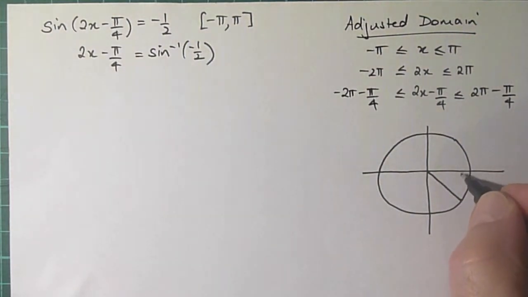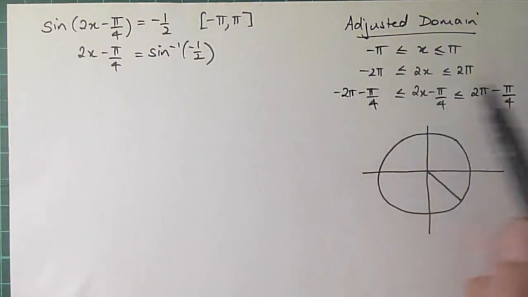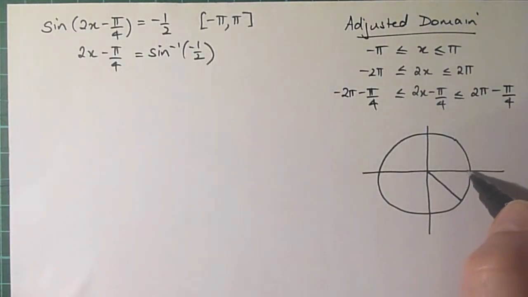Minus 2 pi is actually just from 0 backwards to negative 2 pi, and negative 2 pi right here and another pi on 4 takes us to the same place. So really this line here represents 2 pi minus pi on 4, or minus 2 pi minus pi on 4.